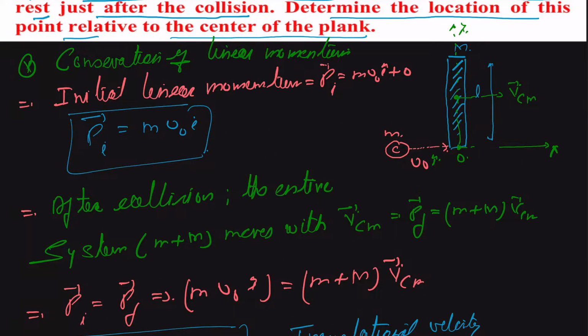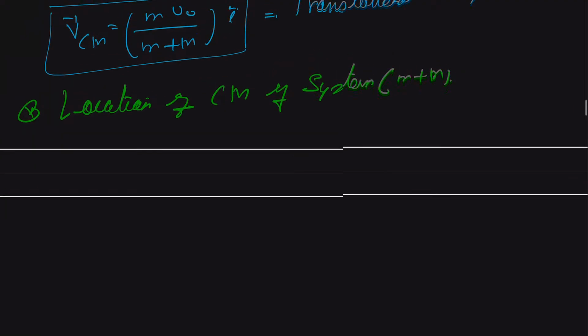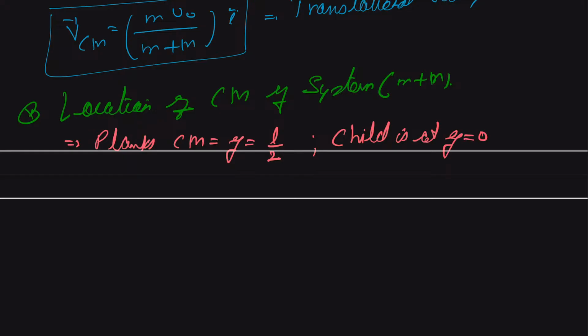So the Plank's center of mass will be at y is equal to L by 2, and we know that our child is at y is equal to 0.